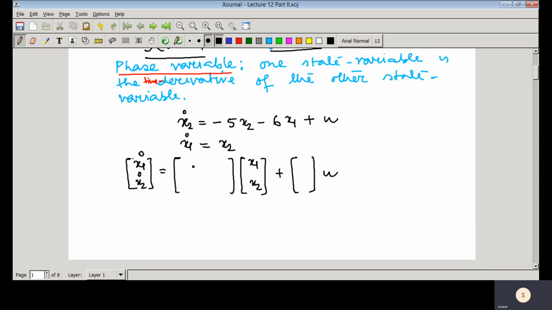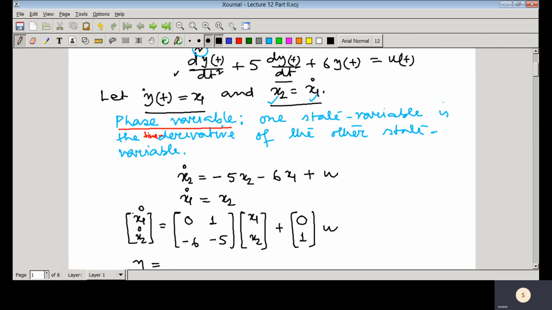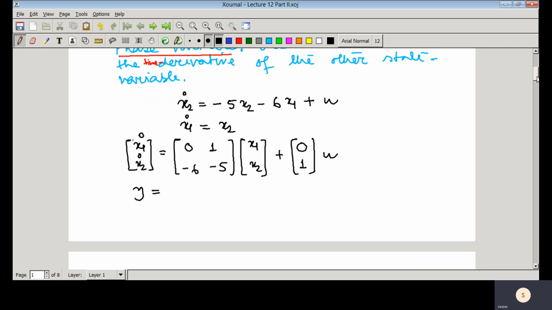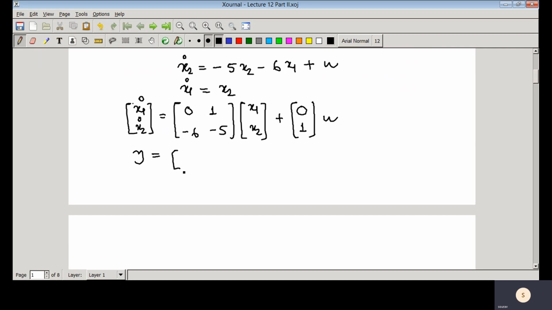So x1 dot equal to x2, and x2 dot equal to minus 6x1 minus 5x2, and here you have 1. And what is your output matrix? Here you can see we have defined y(t) equal to x1. So your first state variable, that is [1 0] times [x1 x2]. This is your output equation.